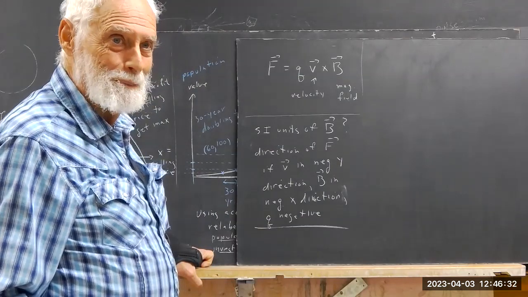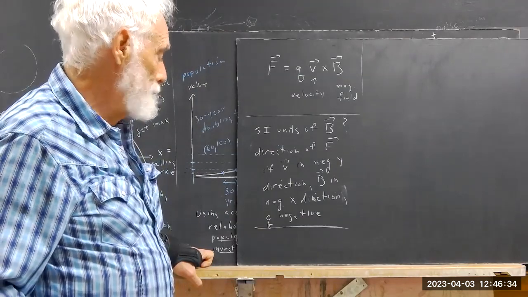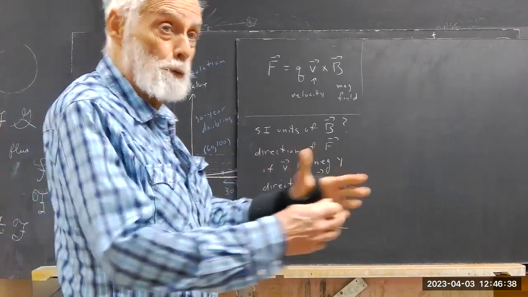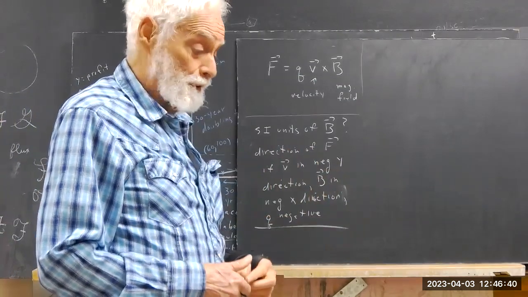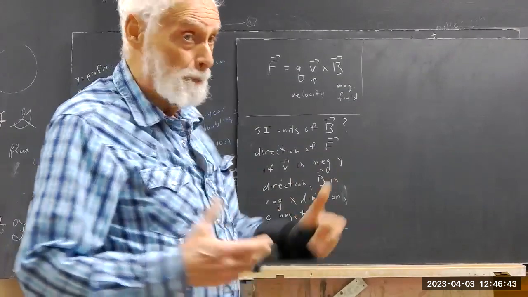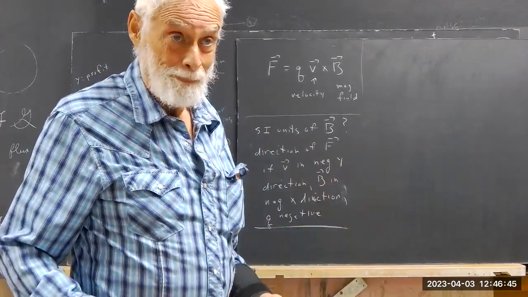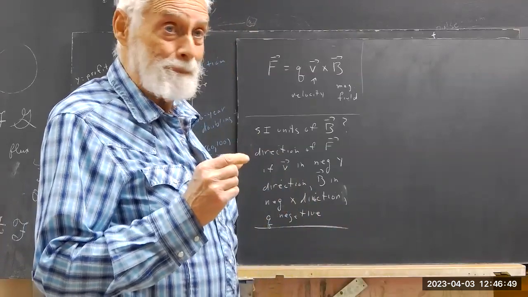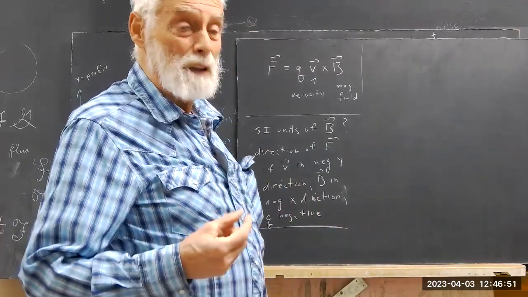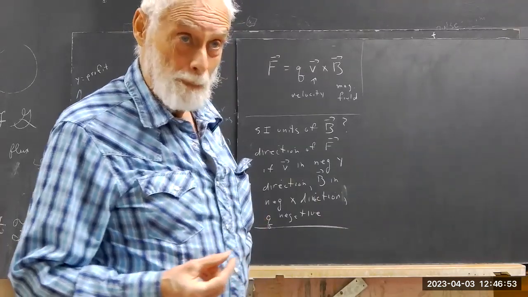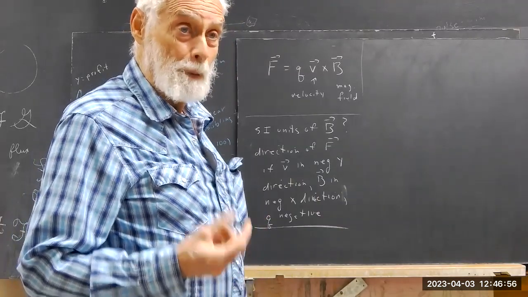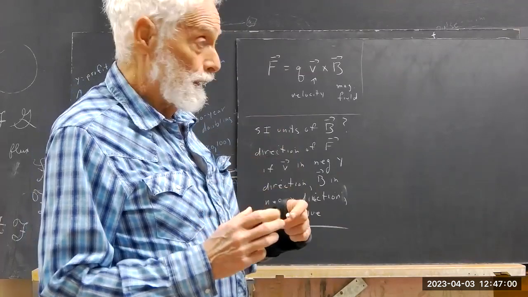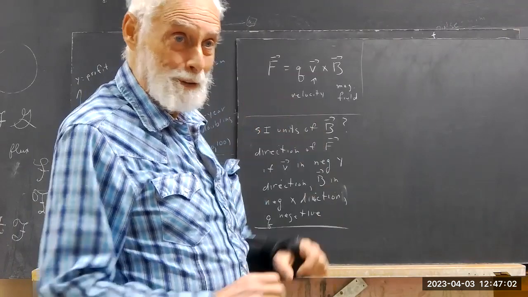Well, no, there's more. If you have a wire with charge drifting in the positive direction, you have a bunch of charges all with some small velocity, usually on the order of millimeters per second, even fractions of millimeters per second, depending how much current you have, how many charge carriers you have, and how big the wire is.